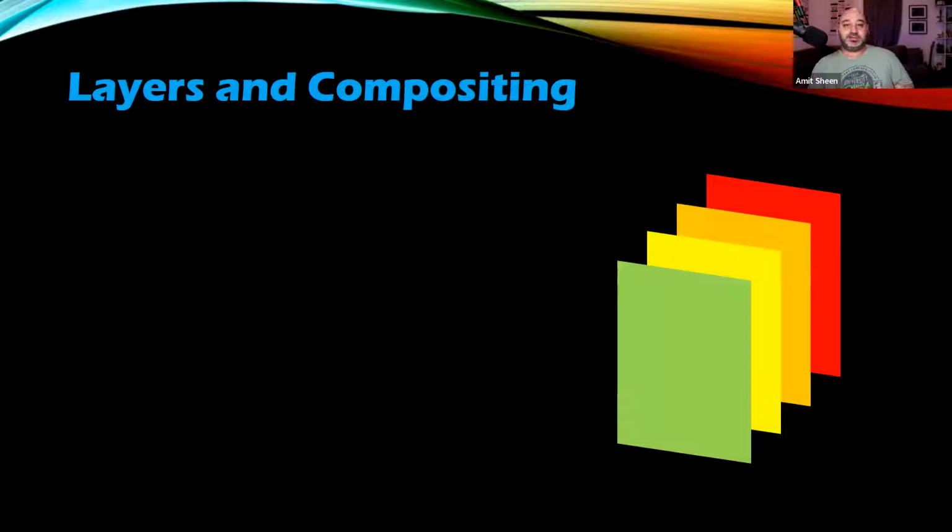Using layers is the way for the browser to use the GPU, or actually to use the GPU's ability to composite layers very, very fast. This is what the GPU does. The GPU is a processor that is meant to do graphic operations, and it can composite layers really, really fast.